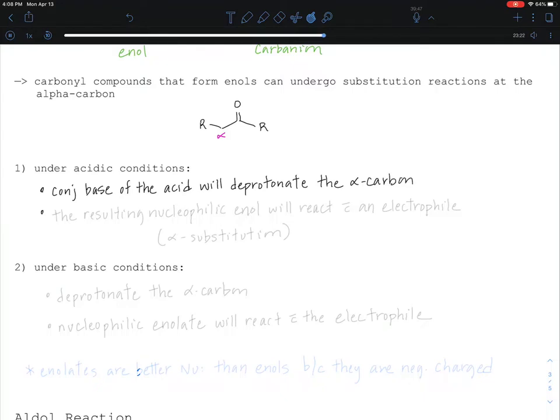And then the resulting nucleophilic enol will react with an electrophile.